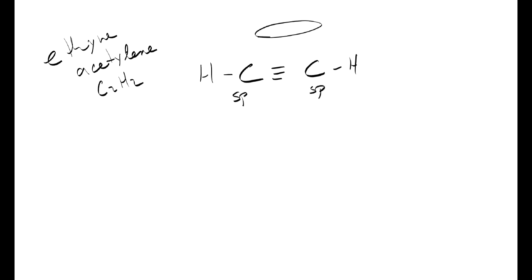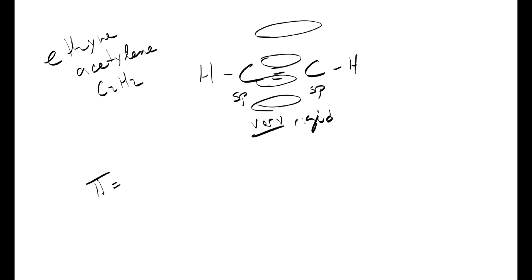And then you have a pi bond above and below, and a second pi bond in front and behind. So it is doubly locked down. Okay, so very rigid, that bond. So pi bond equals no spin zone. A pi bond always locks down that section of a molecule, keeps things from rotating.